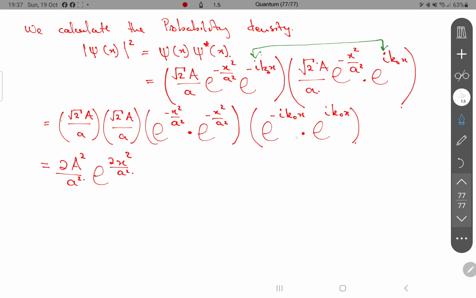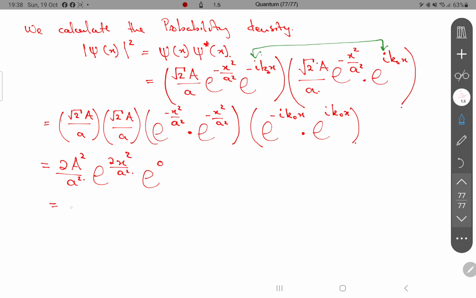And this one gives e to the power 0. We can take the k naught outside, and e to the power 0 gives you a 1.